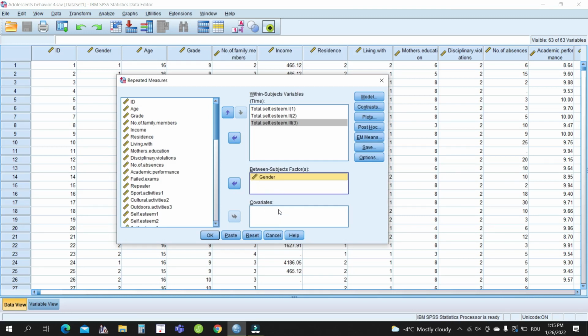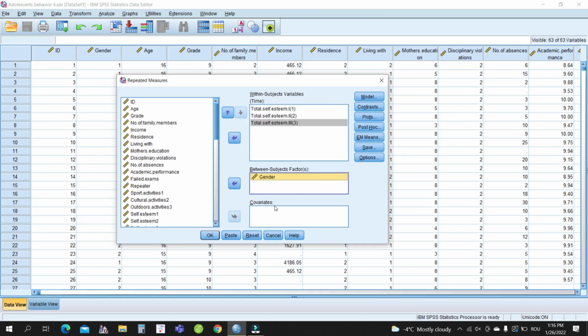As you can see, there is a third area named covariates, where we can introduce those correlates of the dependent variable that might be unequally distributed among gender groups and that we want to control.